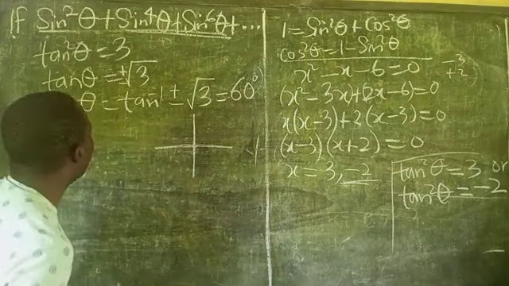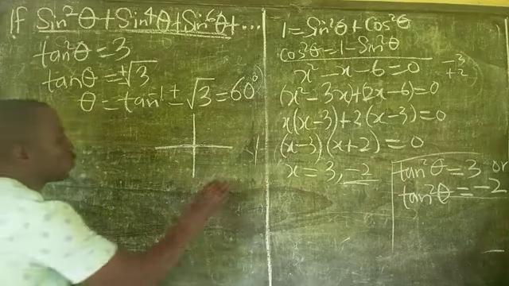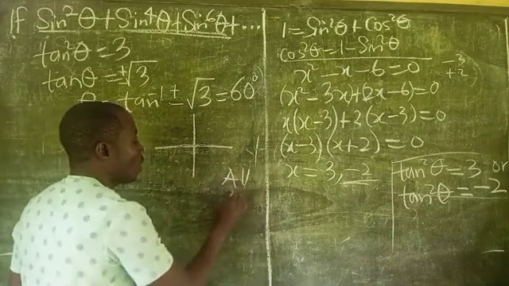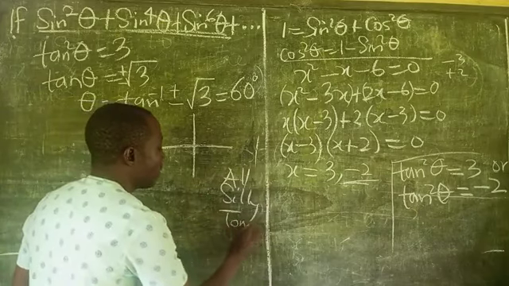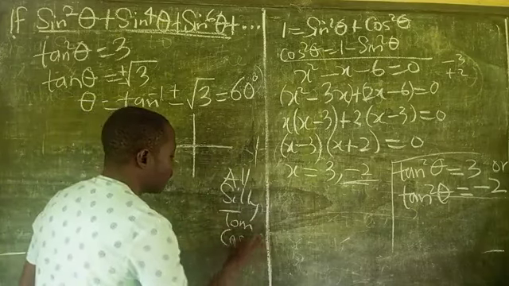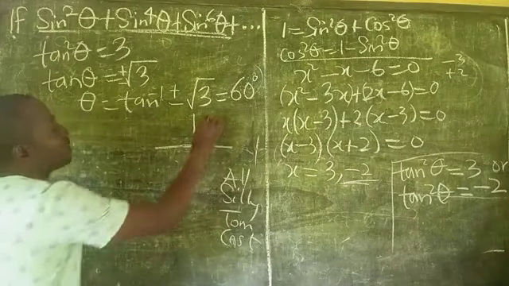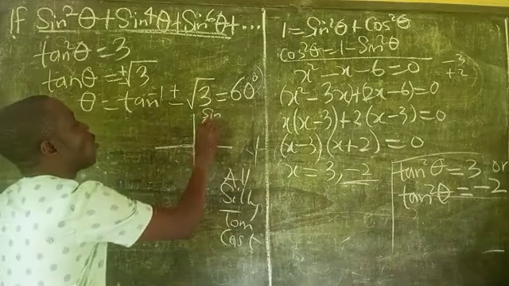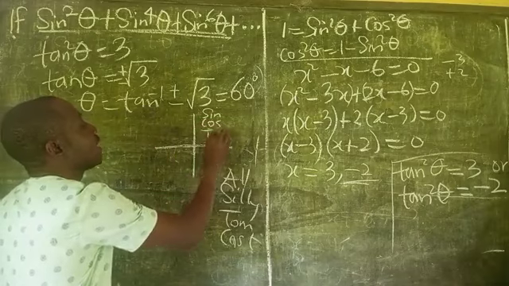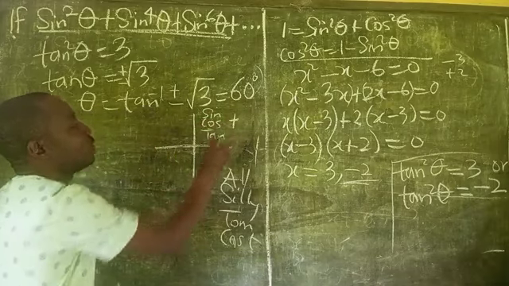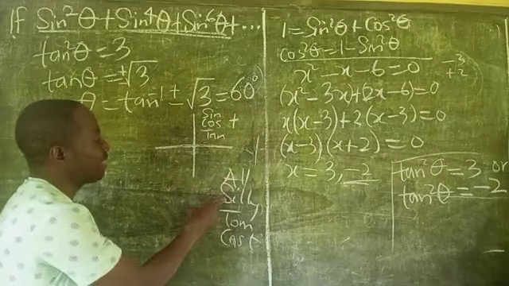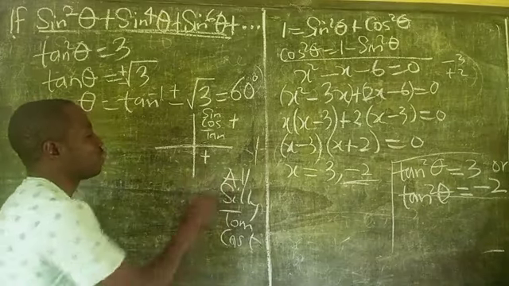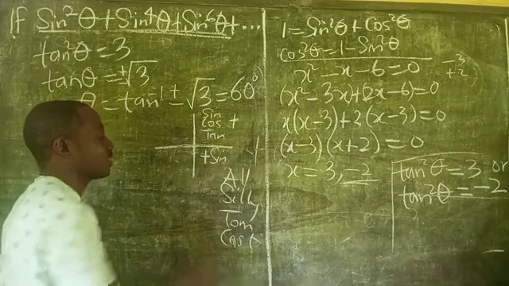We use a slogan, "All Silly Tom Cars", meaning sine, cos, and tan are all positive in the first quadrant. But only sine is positive in the second quadrant.